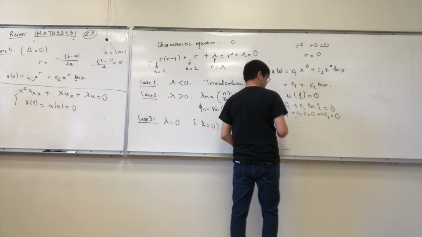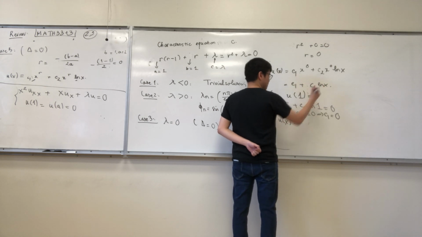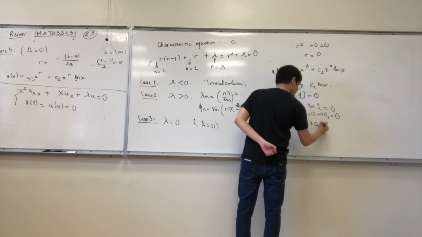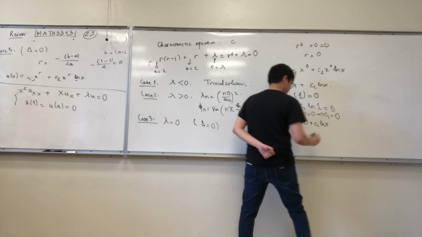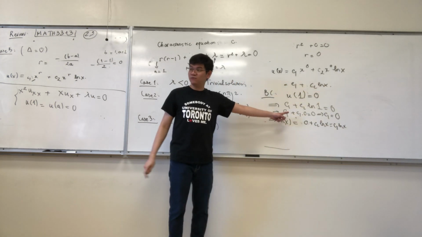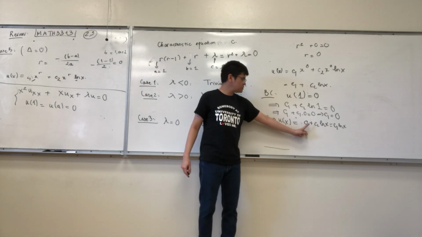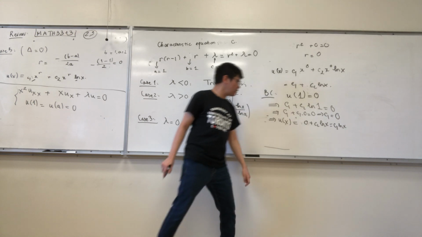Before going to the second boundary condition, the solution will be 0 plus c2 log x, so this is c2 log x. Because c1 is 0, I replace it back into this formula, so the solution is c2 log x.